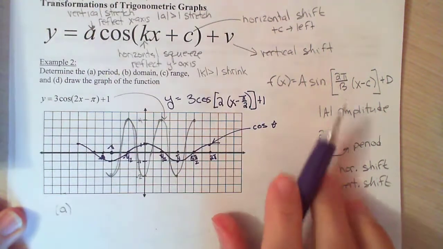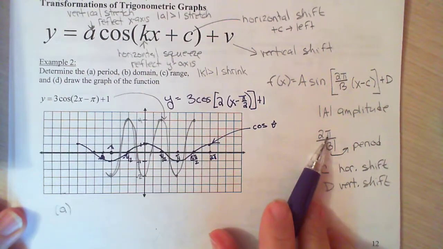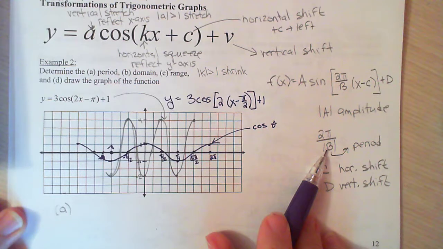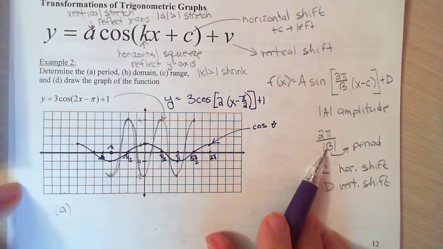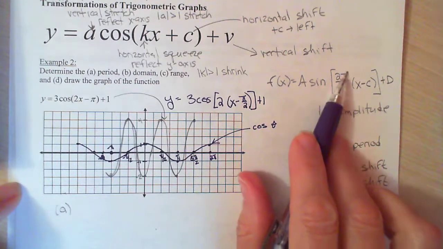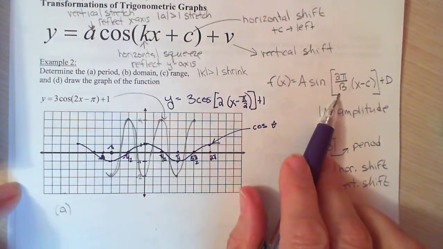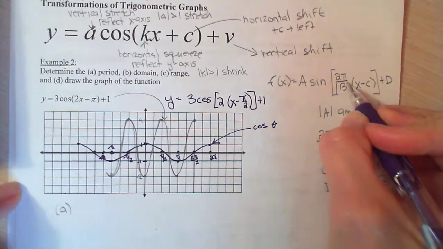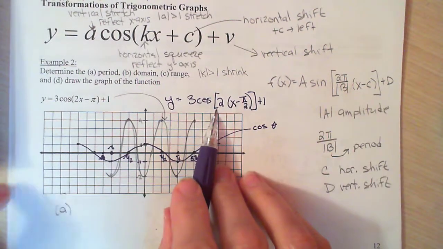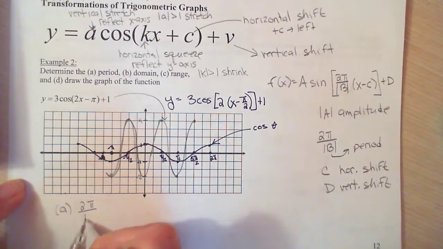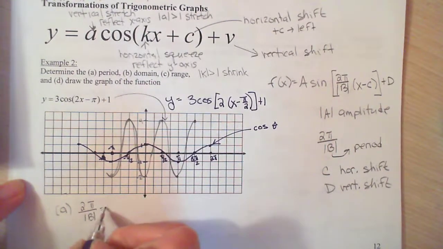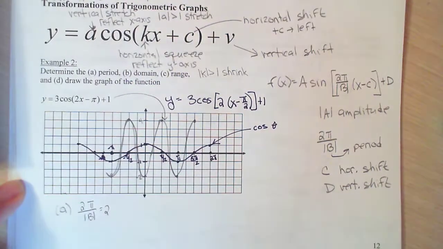If you look at this, we said 2 pi over the absolute value of b is the period. So in our equation the period is 2, so we have 2 pi over b is equal to 2 in our example.